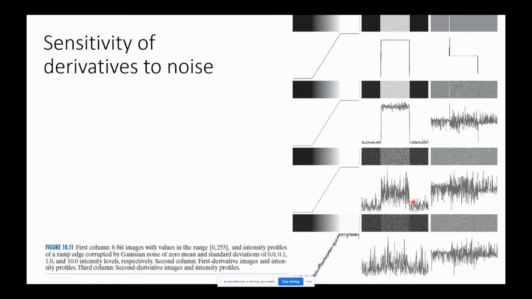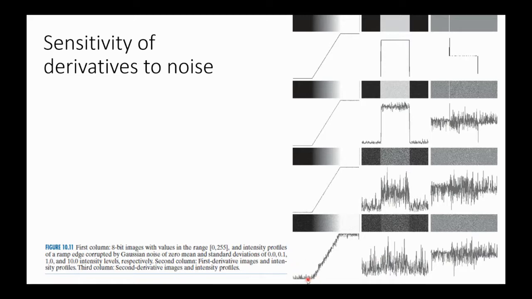I can still see some sort of changes if we really believe there is a change here, but definitely I can't say anything about the second derivative. And if I have 10.0 standard deviations of intensity levels for the Gaussian noise, I don't see any second derivatives or first derivatives.